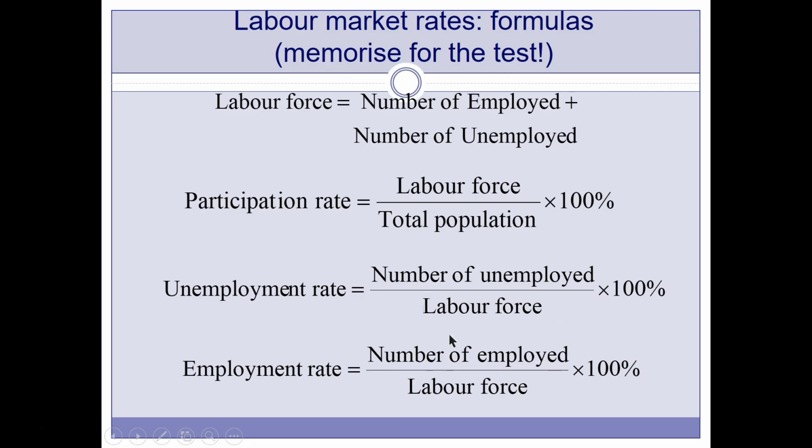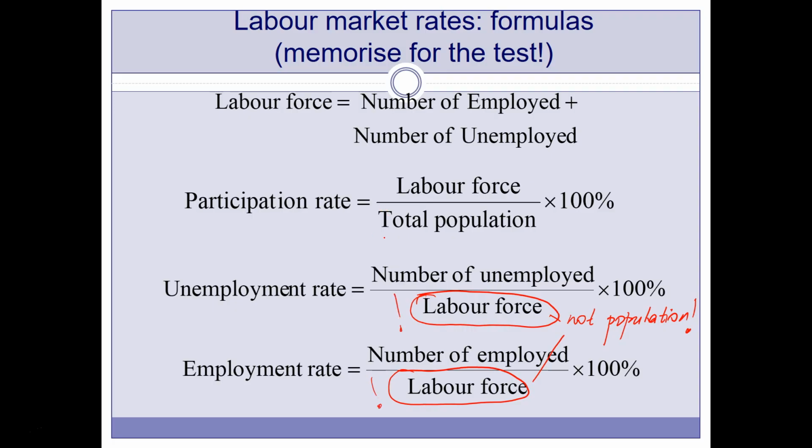We divide by labor force, not by current population size. Denominators in these formulas are labor force, not population. That's a very common mistake, which I frequently see in exams. When we calculate unemployment and employment rates in percentage terms, we divide by labor force, not total population.